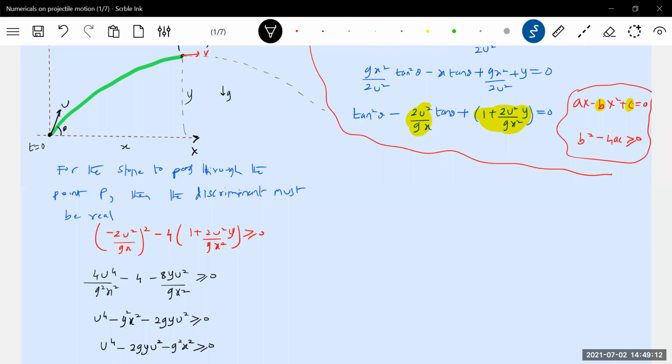So let me assume u square equal to p. Then the equation will become p square minus 2gyp minus g square x square should be greater than or equal to 0.